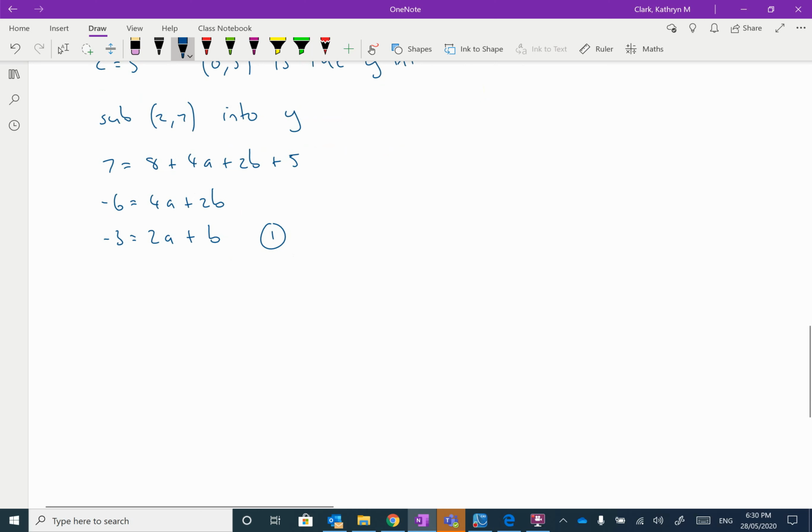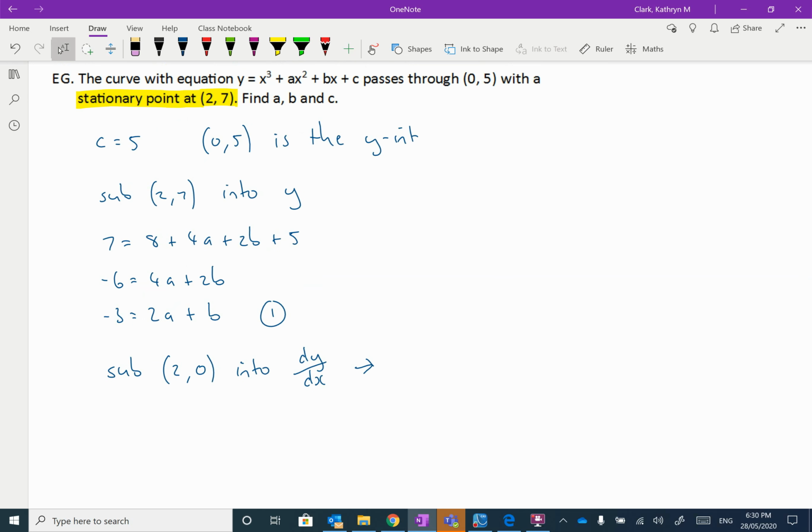Sweet. Alright, so now I haven't got any other information that I can substitute into my original function. But I do have information about my gradient. I know that because I have a stationary point, my gradient is going to be 0 at x equals 2. So I'm going to substitute this into my derivative function, which is 3x squared plus 2ax plus b.